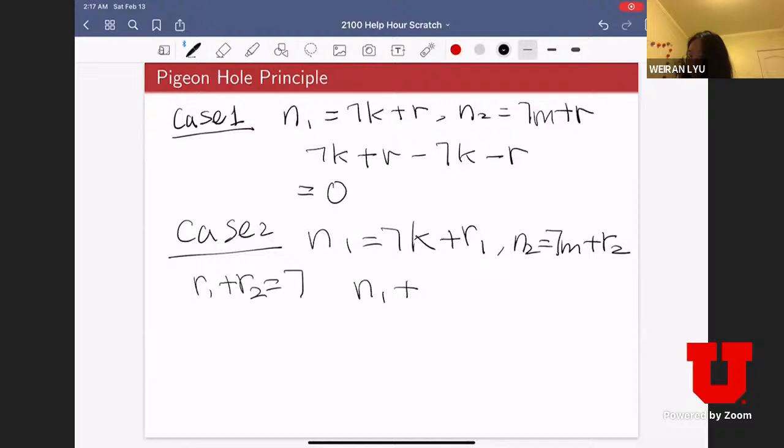And this time you can use the sum of the two numbers to check if the result is divisible by 7.